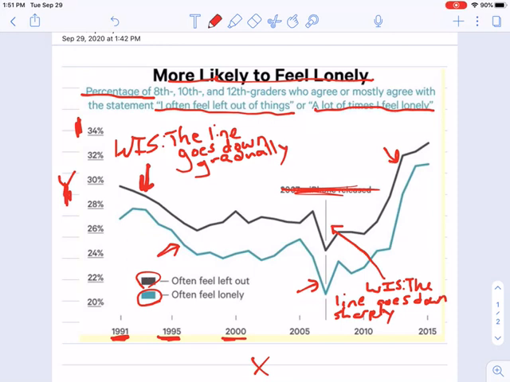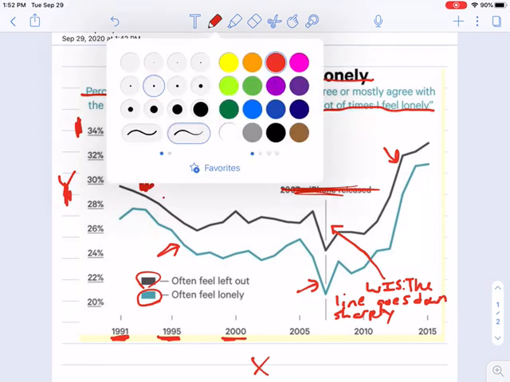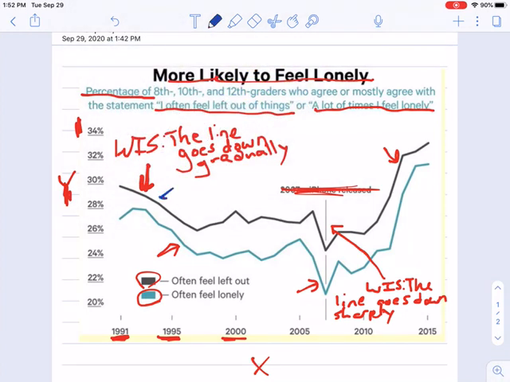Let's go to our first WIS, what I see. The line goes down gradually here. Your second step, let's make it blue, would be to write what it means, or WIM. So what does it mean? Well, we see the line is going down gradually. It's a black line, so it's the percentage of students who say they often feel left out. It does go down gradually between the years 1991 and probably about 2000.